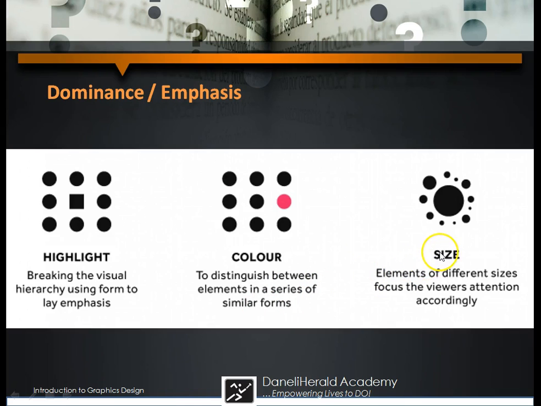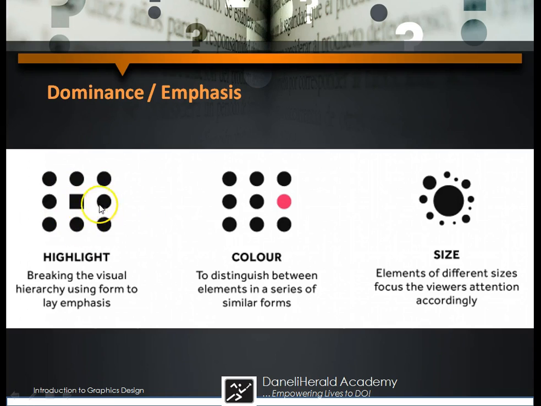Then size. We can't talk about size enough, but under dominance and emphasis, you have lots of the same shapes, but there is one object. You can see that among all these shapes, the box is still basically of the same circumference as all of that.